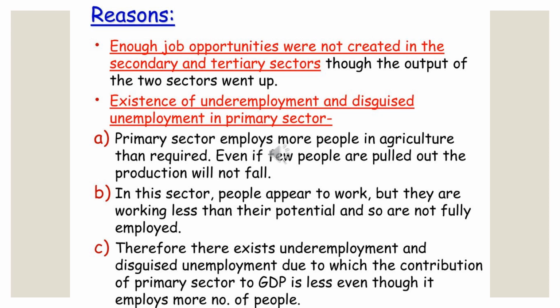If 8 people are doing the same work, output is the same. So 3 are extra. In the primary sector, people appear to work, but they are working less than their potential and so are not fully employed. Therefore, there exists underemployment and disguised unemployment, due to which the contribution of the primary sector to GDP is less, even though it employs a large number of people.